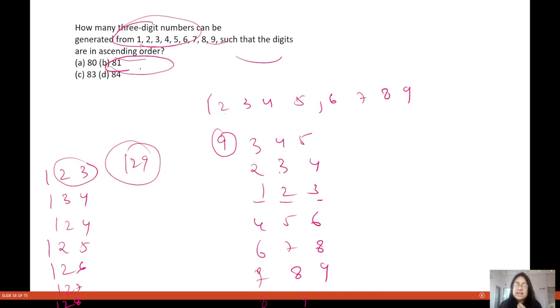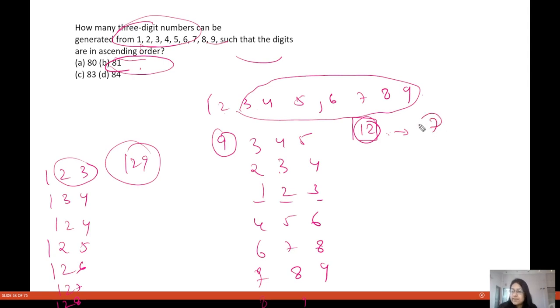If we are considering the case 1 and 2, then when we have fixed 1 and 2, how many numbers can we put here? We can put 7 numbers. Similarly, if we are choosing 1 and 3, we can put 6 numbers.